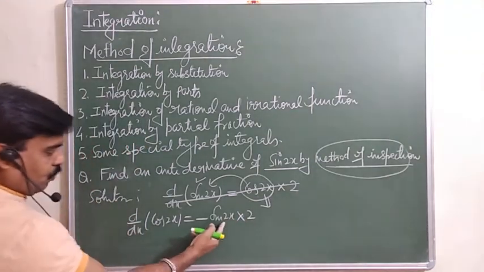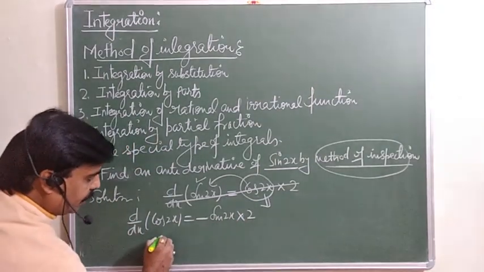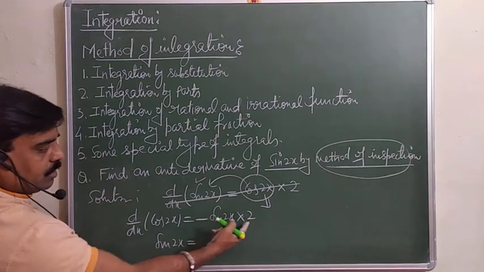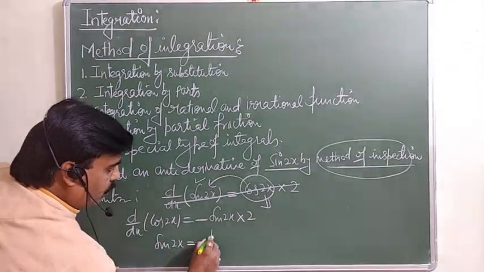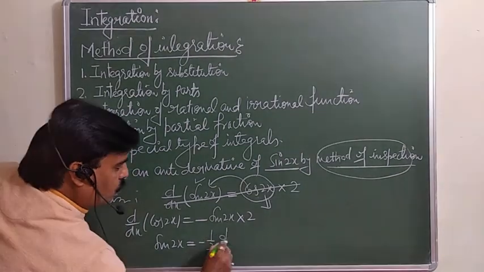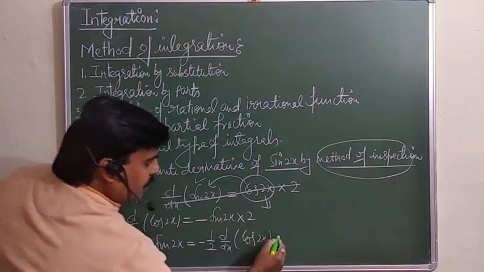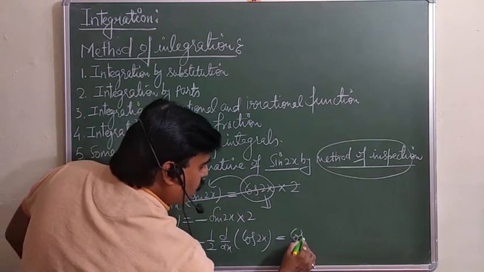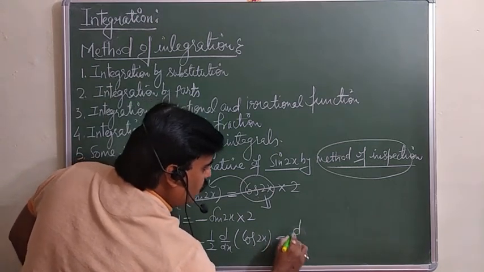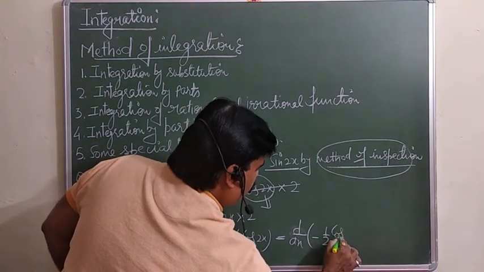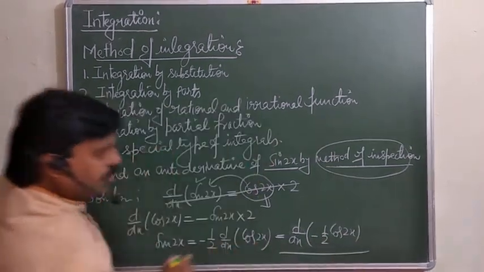So from here you can find sin 2x, dividing by 2 with the minus sign: sin 2x is equal to d over dx of minus 1 by 2 cos 2x.